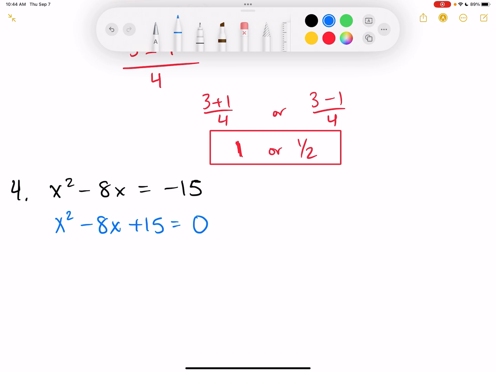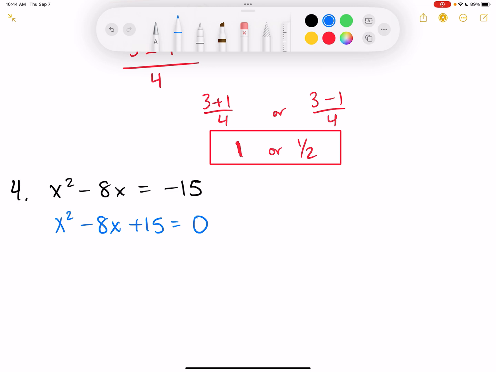Wait, what did I do? I don't know what you did. You might have typed in minus 15. It'll shift it the wrong direction if you do. I don't know how I got here, but I know mine is right. It should be x squared minus 8x plus 15. Oh, I didn't. That'll also do it.